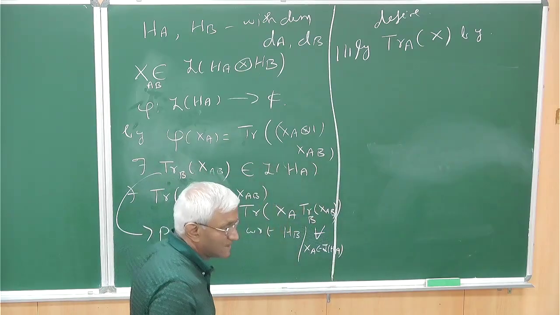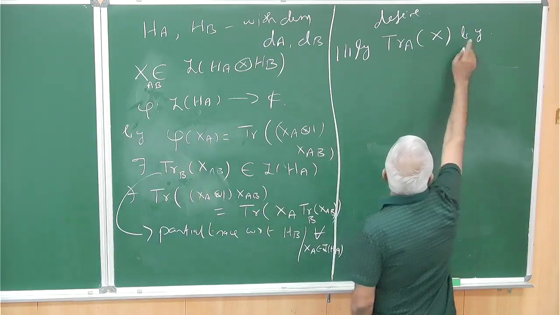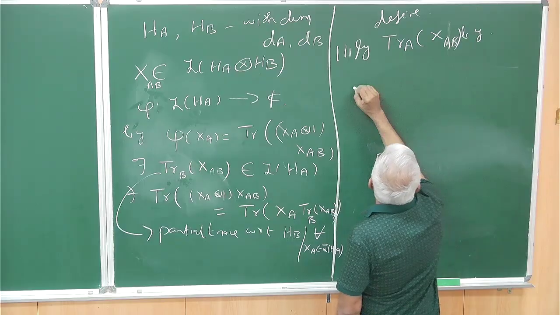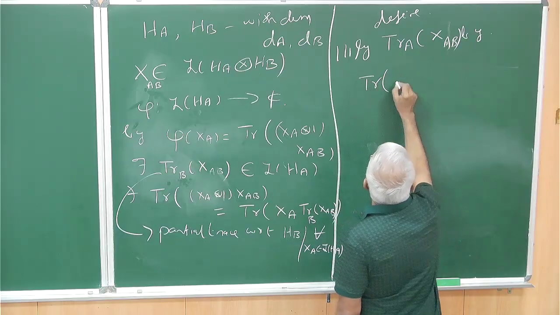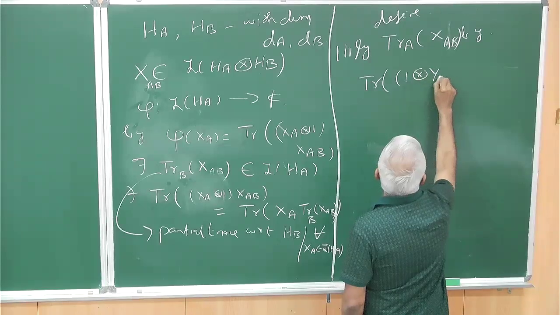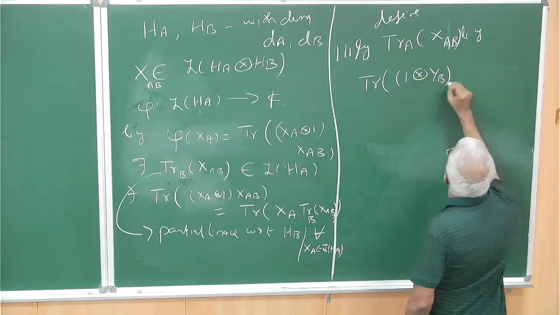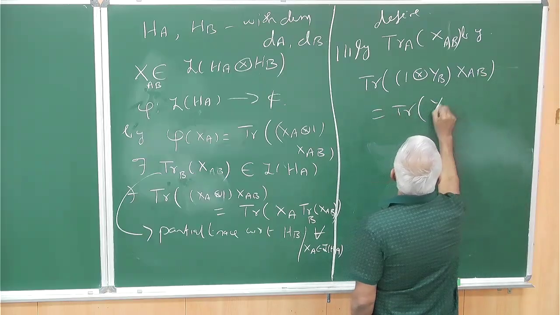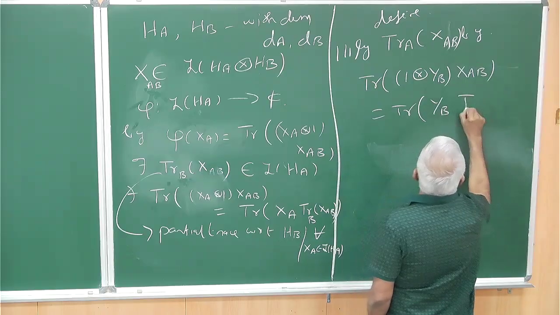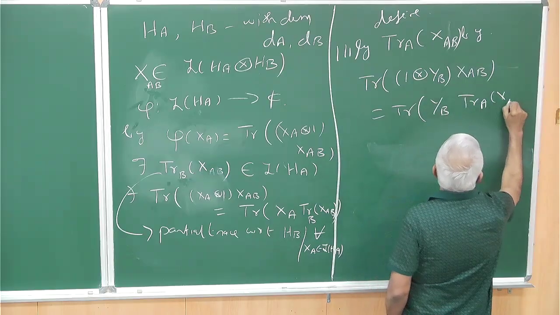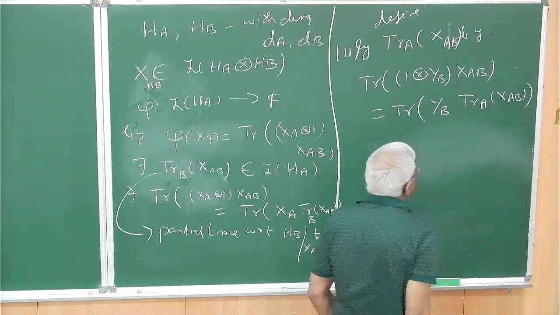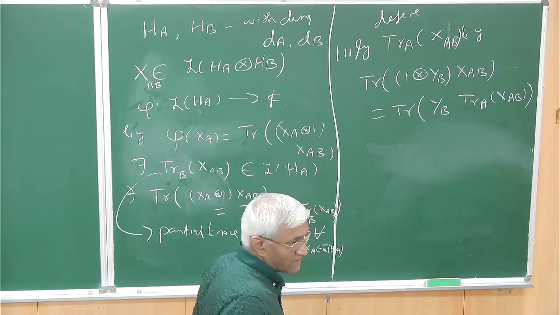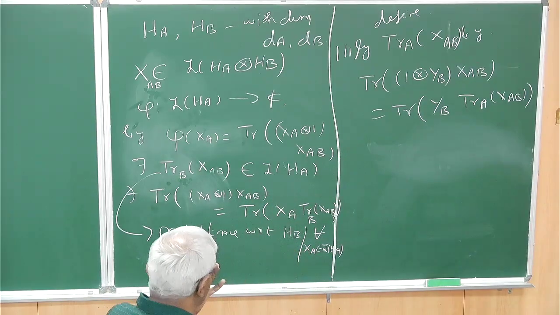Similarly, trace B of x_AB is defined by the trace of (1 tensor y_B) times x_AB equal to the trace of y_B times the trace A of x_AB. So this is the partial trace with respect to the first component, the system A.